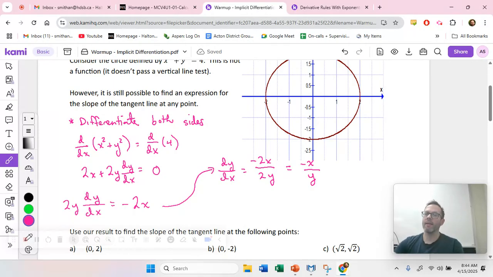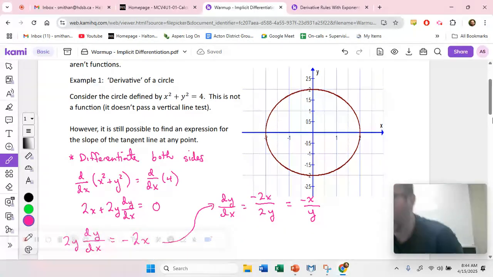So what this is saying is, to get the slope of the tangent line at any point on the circle, you just take the x value of the point, the negative of it, and divide by the y value of that point. So it's pretty neat. It's an expression for the derivative, but it's not just in terms of x, it's in terms of x and y.